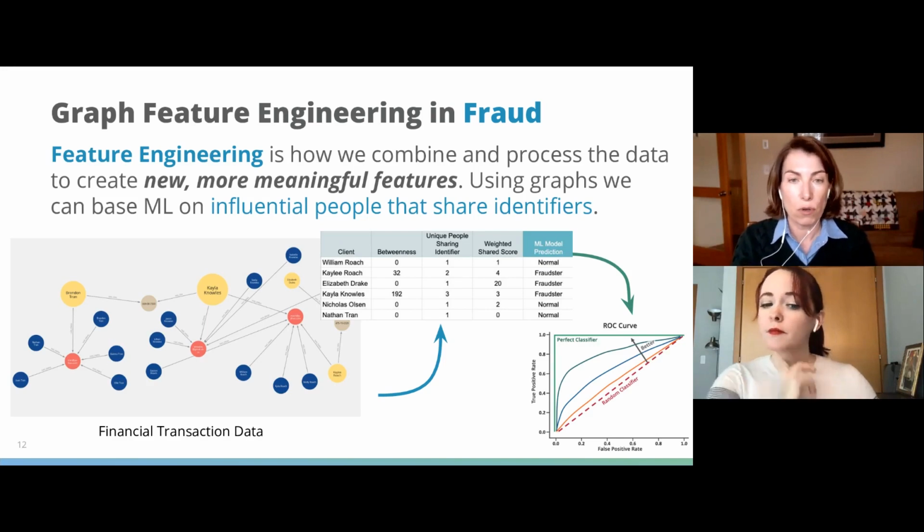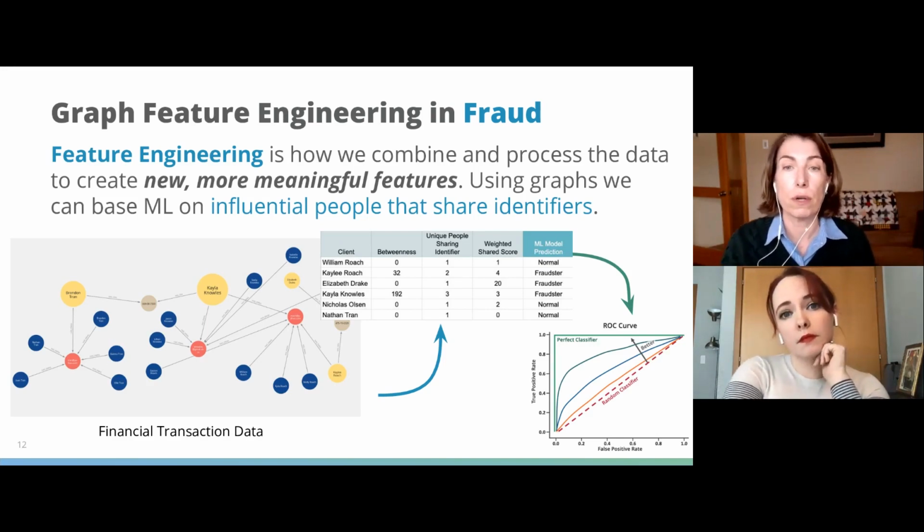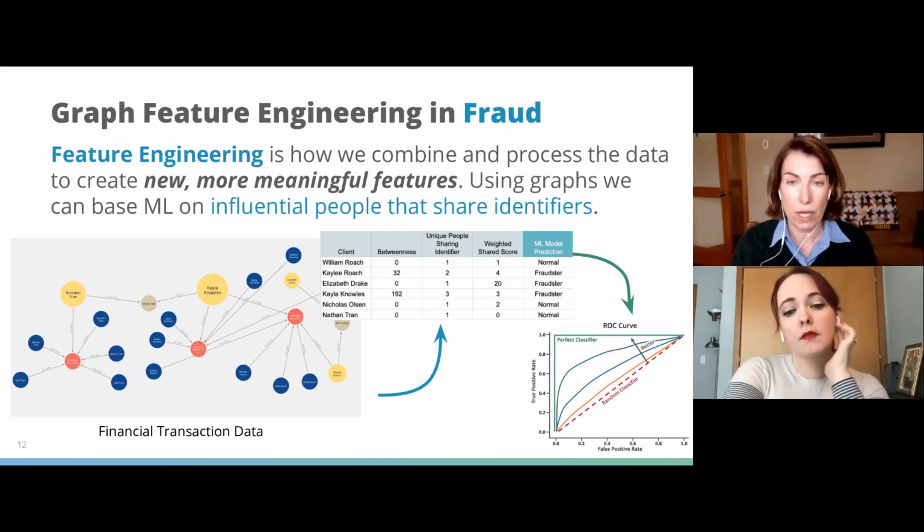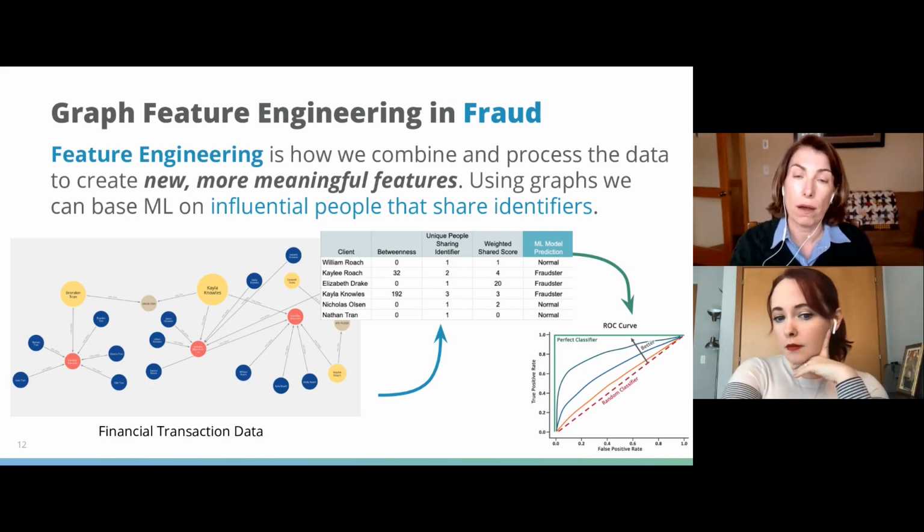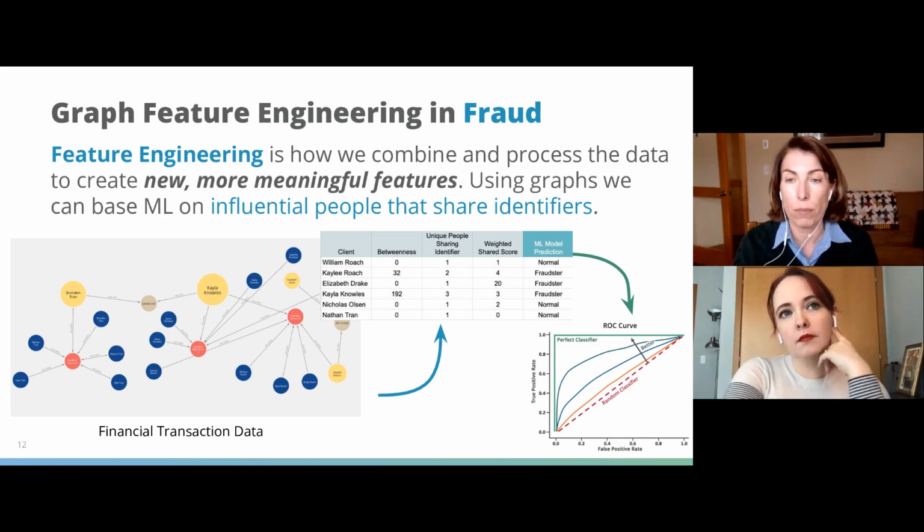You can run your graph algorithms and your queries, and extract those out into a form. In this case, you can see the numbers and the labels in the little chart, but you can extract those out into a format that can then be used in a machine learning process to improve based on your training data and improve your predictions in that way.